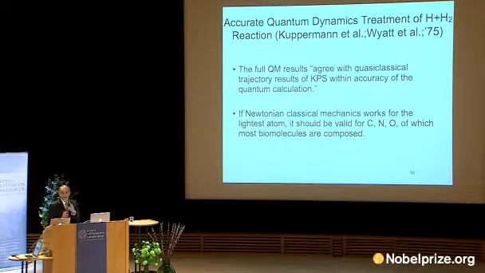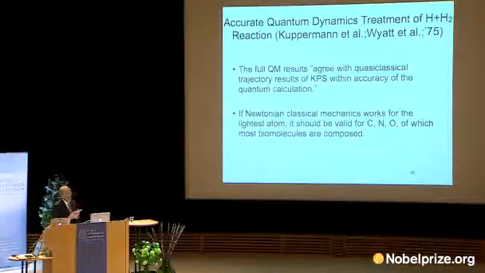Since we had used an approximate potential to describe it, to test the methodology, this was not to test whether it agreed with nature, but to test our methodology, they used exactly the same potential as we had used, and they found that the classical results were as accurate as the quantum mechanical results that they obtained with much, much more work.